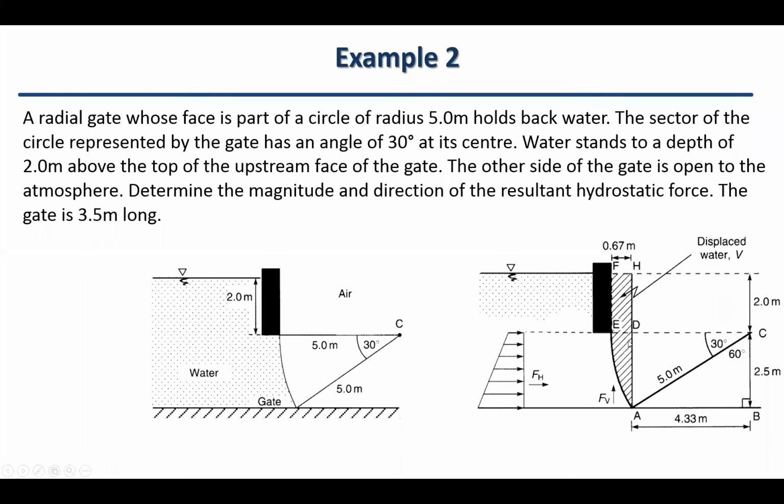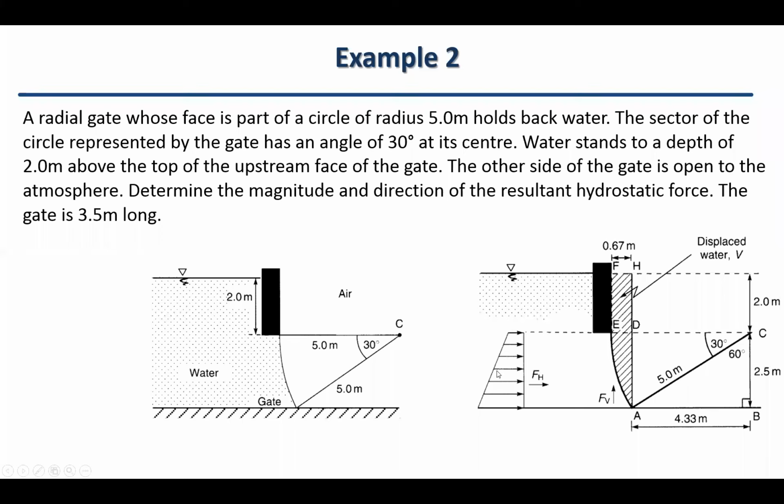For example, to calculate this section AED, we know how to calculate the area of the sector, which is sector ACE. And we have a triangle ADC. Both of them can be calculated. If you take away the area of ADC from sector ACE, you can easily calculate the remaining section, which is the hatched area.